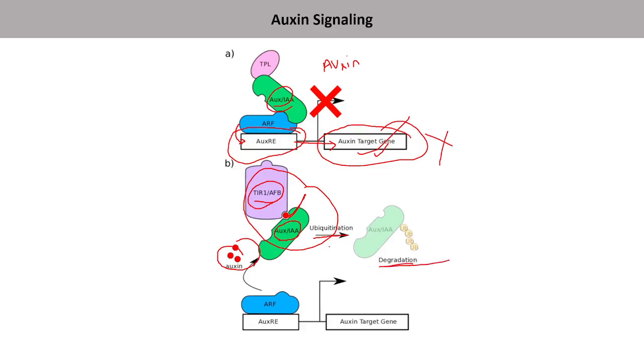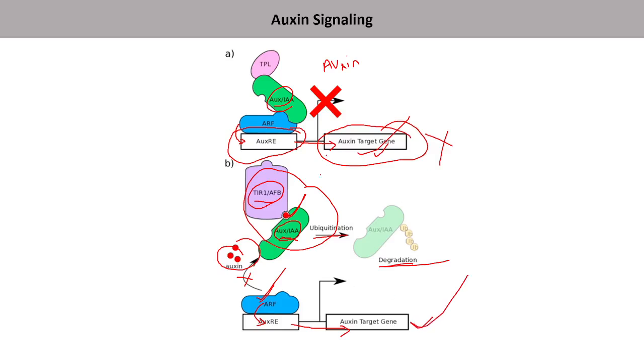Because of this degradation, the AuxIAA, which is stopping this ARF from activating AuxRE, gets removed. Now because this is not present, this ARF will get activated, and this ARF will in turn activate the AuxRE, and this AuxRE will help the transcription of auxin targeted genes. This is how auxin signaling actually happens. In this case the transcription will happen.